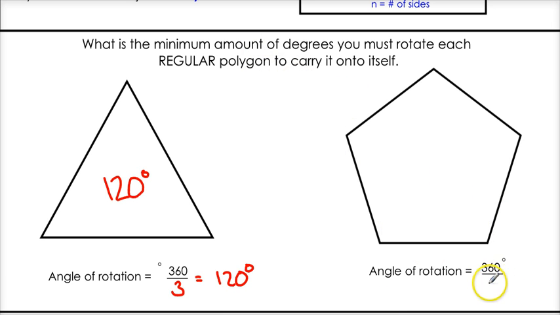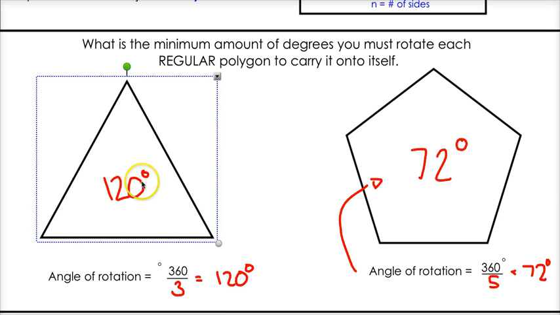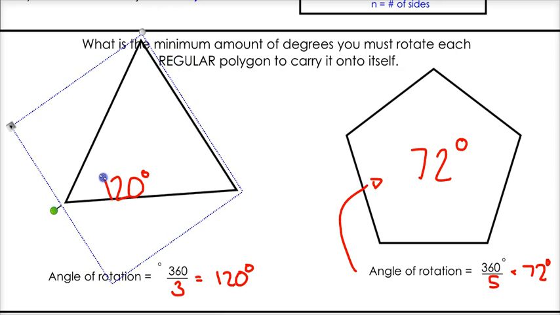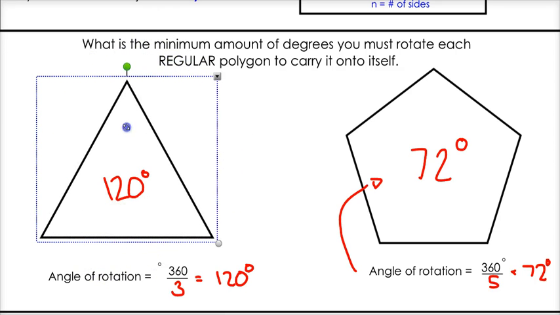We just take 360 divided by the amount of sides, 1, 2, 3, 4, 5. And when you do that, you should get 72 degrees. All right. So the angle of rotation is 72 degrees for it to map onto itself. Let's try those out. Let's see if you just turn it 120 degrees, it should carry right onto itself.